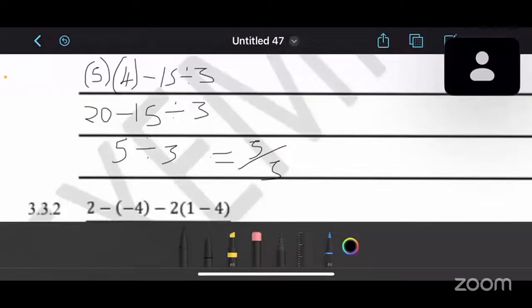Okay, 5/3. Remember, Grace, after you have calculated this, I would advise you to put the whole thing on your calculator. If you're writing a test or an exam, copy the original expression to your calculator and calculate how much you get.